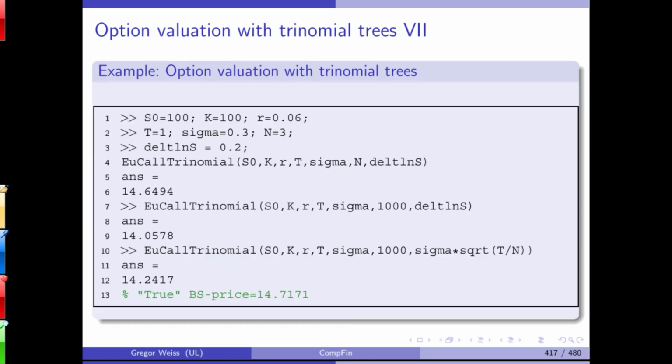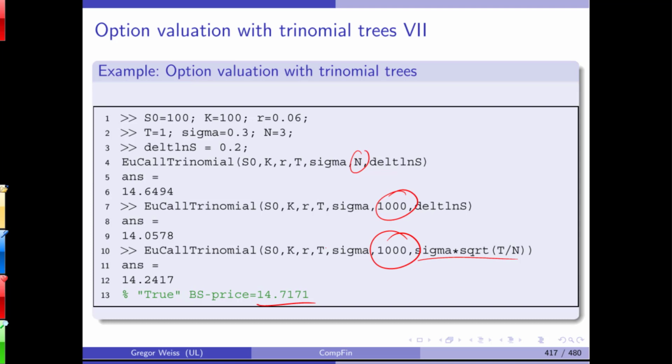So if we do this now with this example, we can again use 3 steps, 1,000 steps, 1,000 steps with a slightly different calibration of delta lnS. And you can see the true Black-Scholes price is 14.71, and even with just 3 steps, you get a very good approximation to the Black-Scholes price.